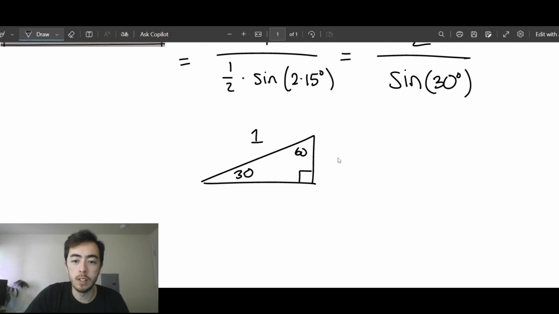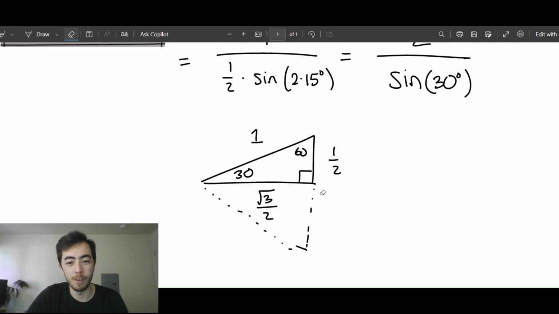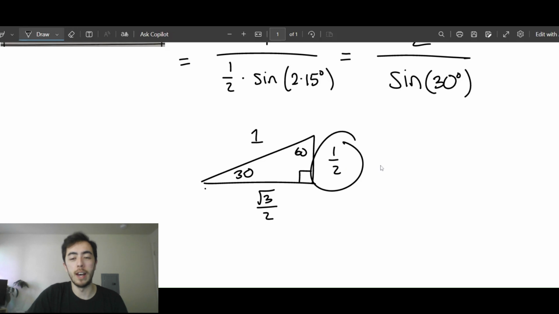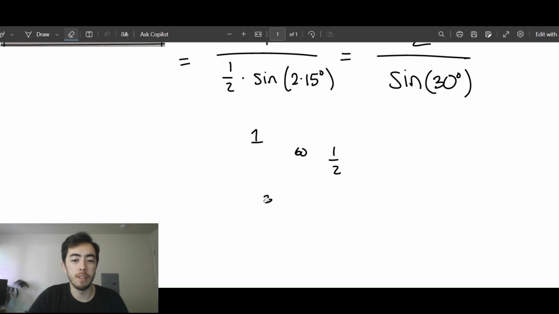Like if this is a 1, that's a 1/2, and this is a √3/2. This essentially comes from studying an equilateral triangle, cutting it in half, doing some Pythagorean theorem stuff on it, and then this 1/2 is going to be that value of sine of 30 degrees. However you want to think about it, sine of 30 is just 1/2.